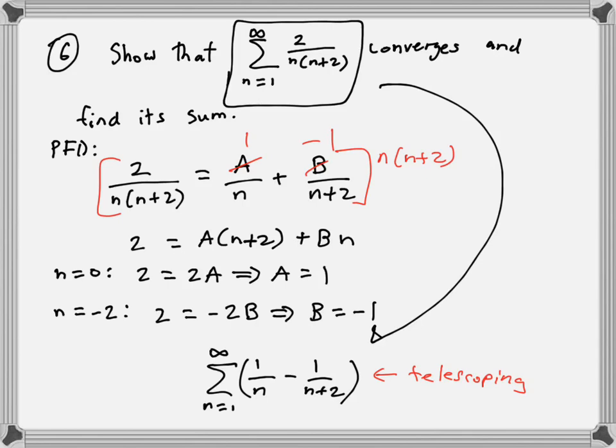So let's start with Sn. Or I'm going to start with, let's start with S1. S1 is, now remember, our sum, I'm going to put it here for reference, is 1 over n minus 1 over n plus 2. So if I do S1, that's just 1 over 1 minus 1 over 3.